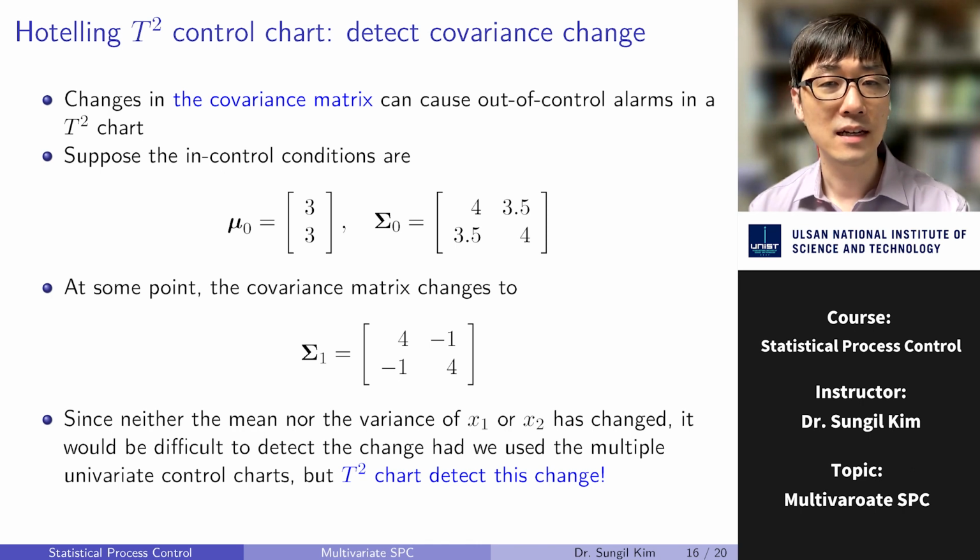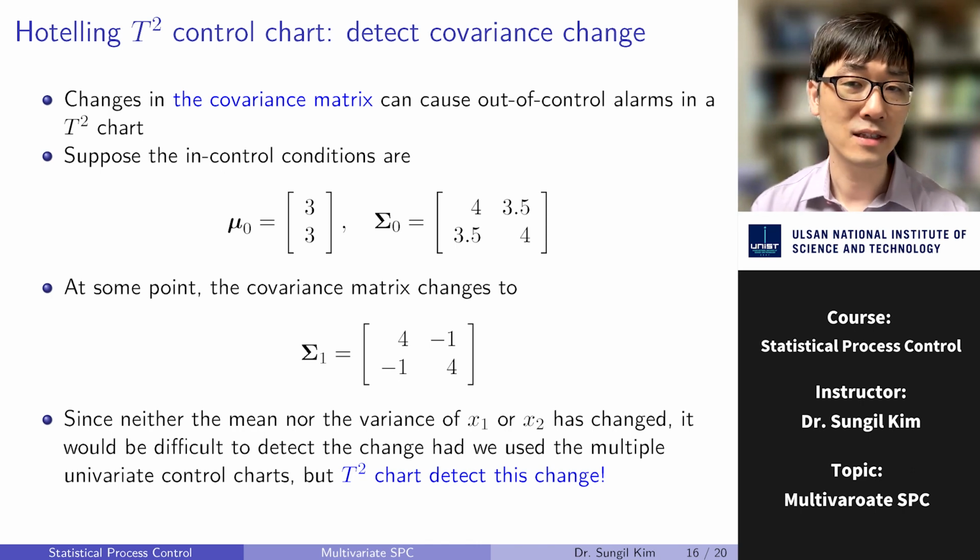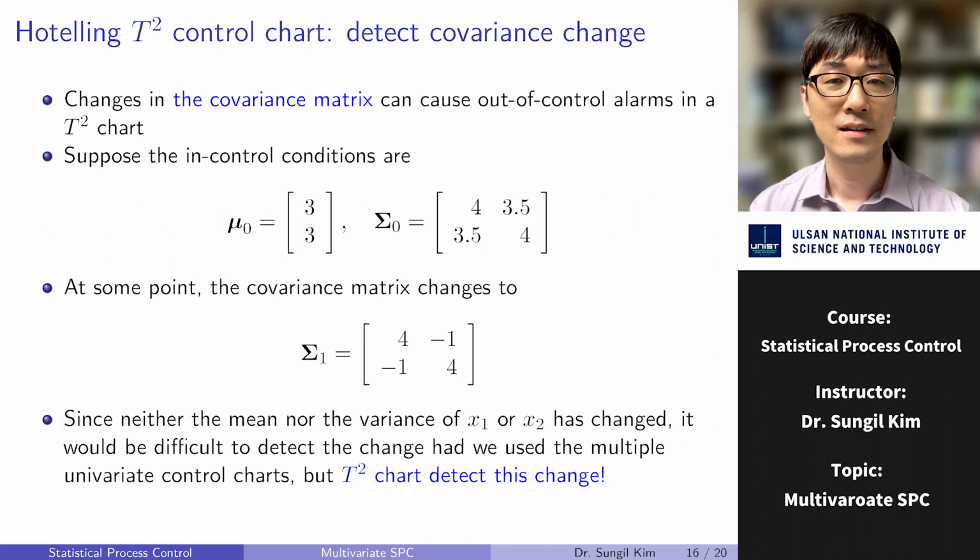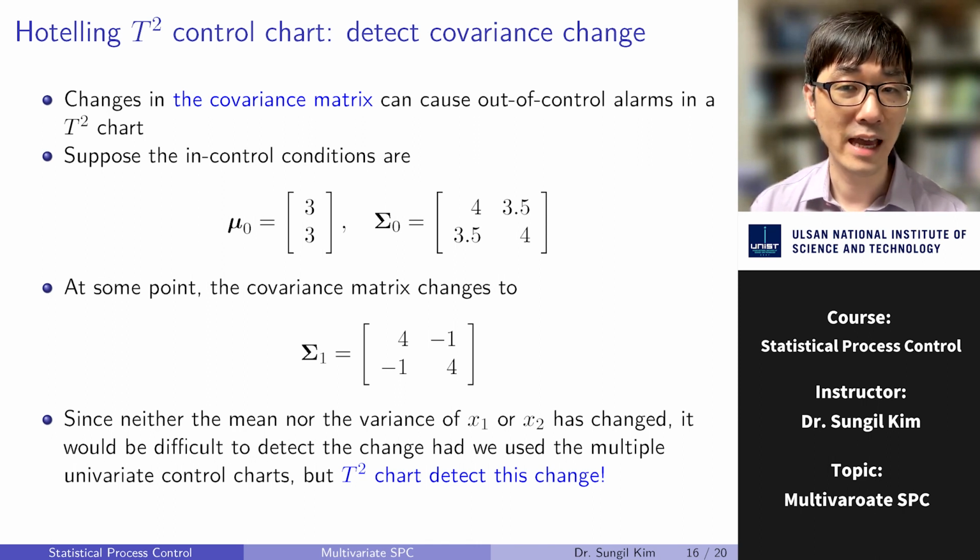Now let's discuss detecting covariance change. The following example illustrates that changes in the covariance matrix can cause out of control outcomes in a T-square chart. Suppose that we want to detect a covariance matrix change from sigma 0 to sigma 1.